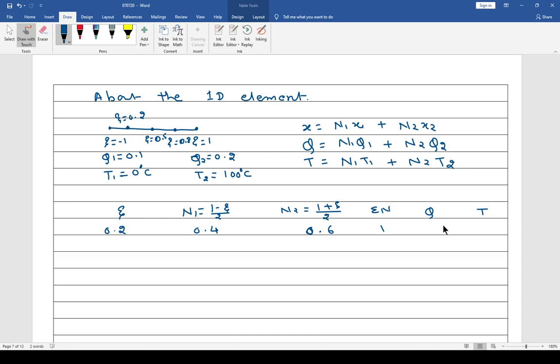What is the value of Q1 and what is the value of T1? T1 is 0, so it doesn't make a difference. T2 is going to come 60, 100 into N2. Sorry, not 600.